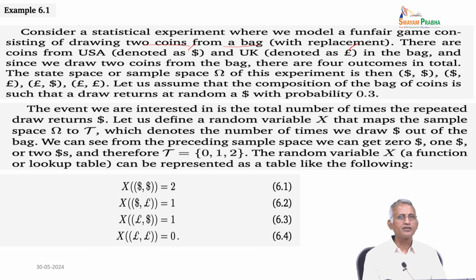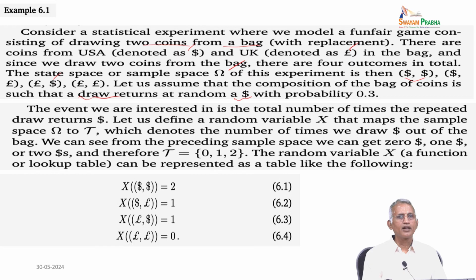The sample space omega of this experiment is: dollar dollar, dollar pound, pound dollar, pound pound. Let us assume the composition of the bag is such that a draw returns a dollar with a probability of 0.3. This is the meaning of the possibilities of the experiment associated with dollar and pound.